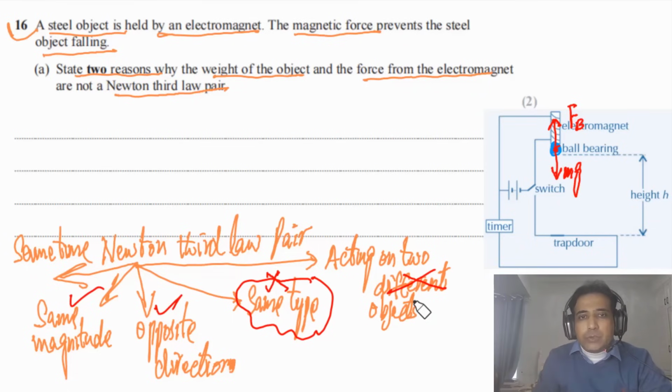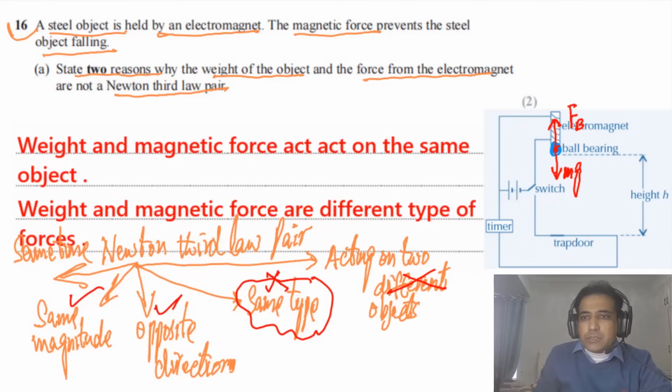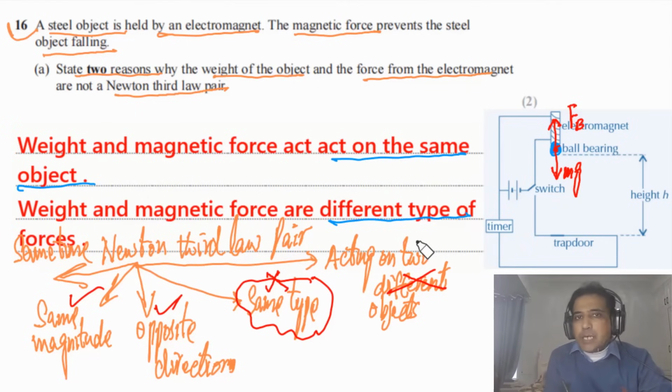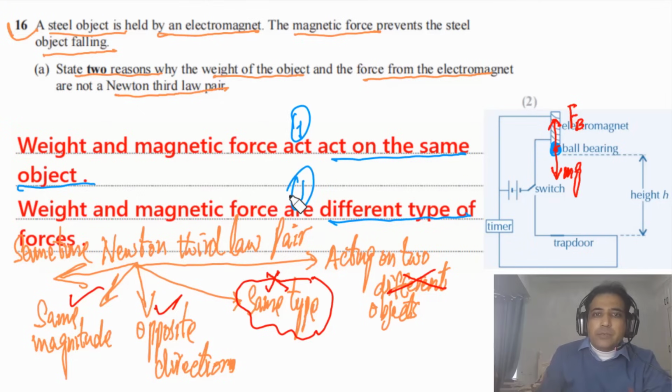So that's all you need to understand. Now let me show you the answer. This is how you can write down your answer. You can say they act on the same object and they are different types of forces. This question has 2 marks, so if you write these 2 points you will get 2 marks.